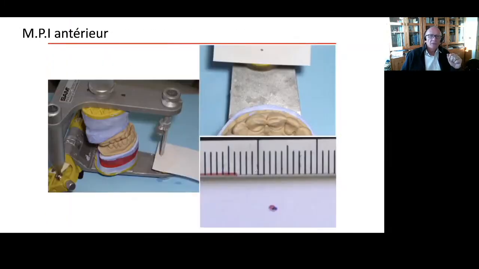If we compare on the articulator ICP and RCP, we have very little transverse displacement.